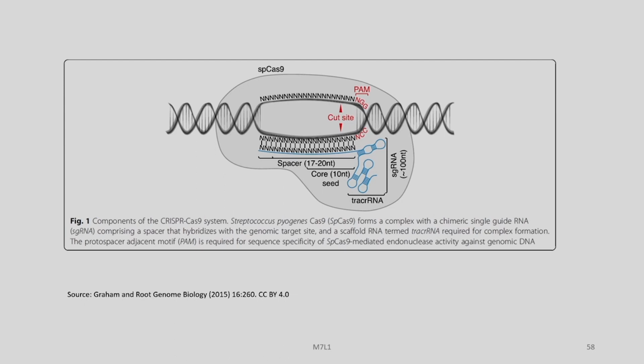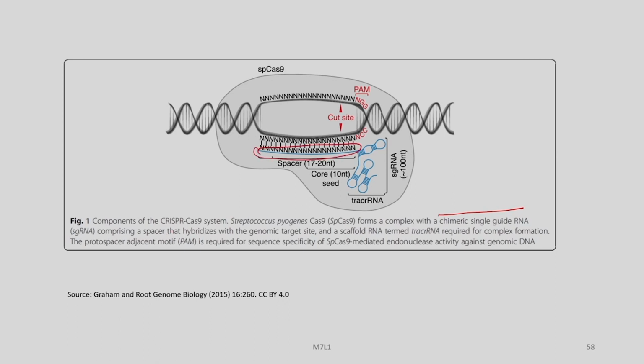You can see here Streptococcus pyogenes Cas9, this big bubble. It forms a complex with the chimeric single guide RNA, which we just discussed earlier, comprising a spacer that hybridizes with the genomic target site here.